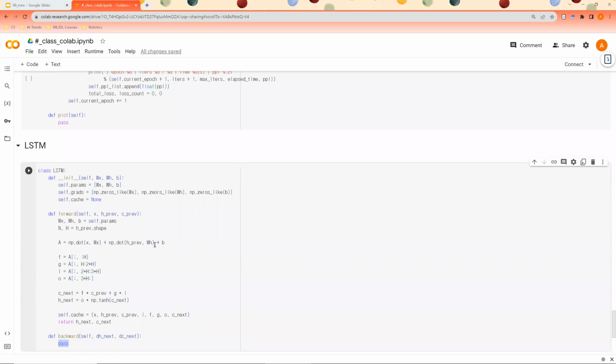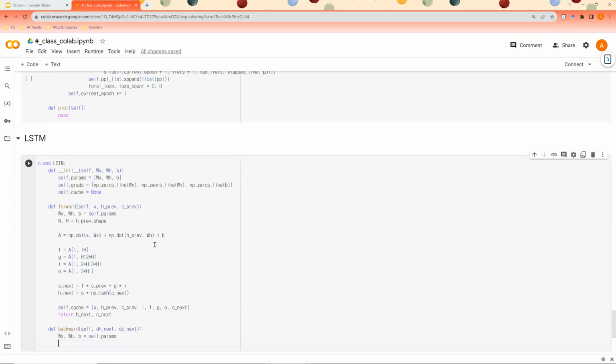And backward might look a little bit complicated. We first retrieve the parameters: I, F, G, O, C next.